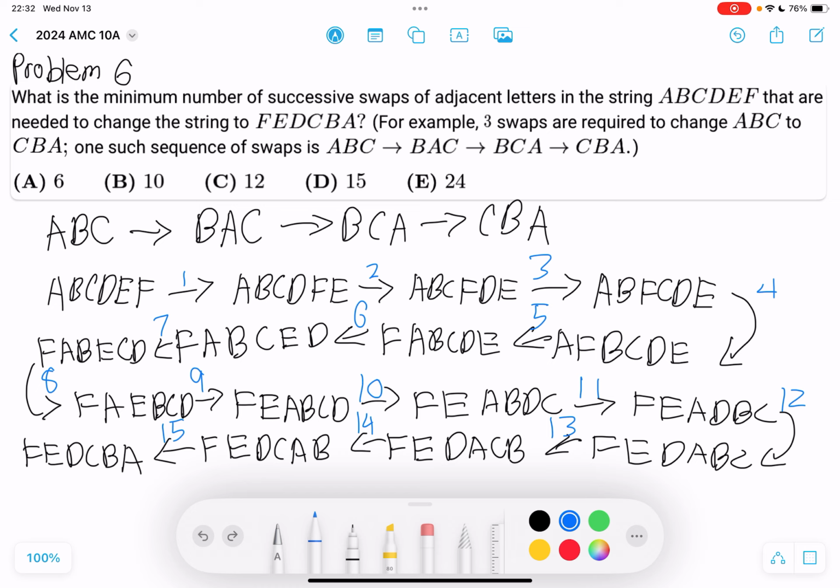And don't swap letters back and forth. Don't swap A with B and then B with A and A with B again. That's going to increase the number of steps. We did both of those during our 15 swaps, so there's not really a better solution that is shorter, unless you can swap non-adjacent letters or there's a new rule or something. So the answer is just D.